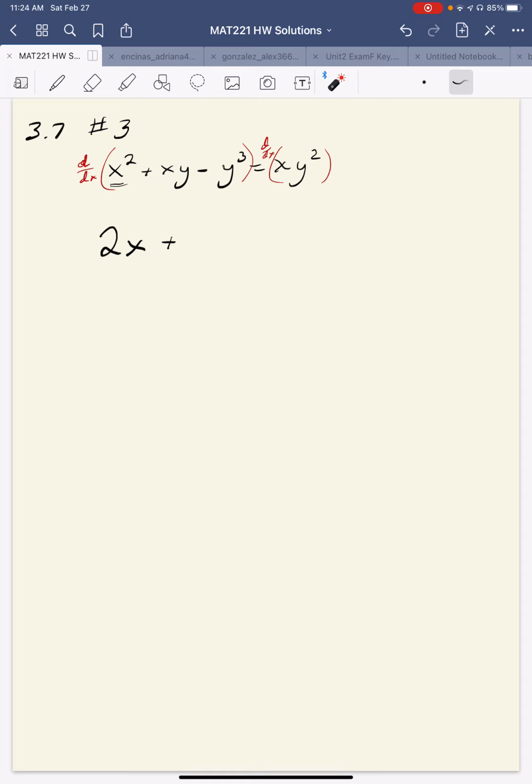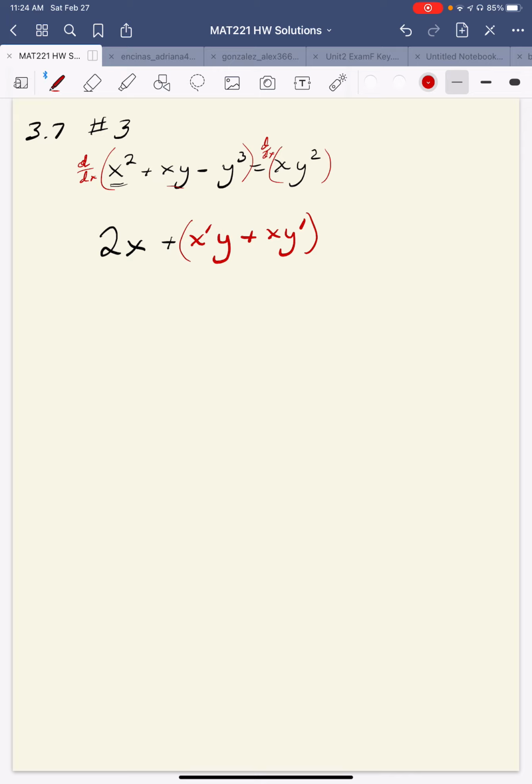The product rule tells me that I would take x prime multiplied by y and add that to x multiplied by y prime. So that's that term there.